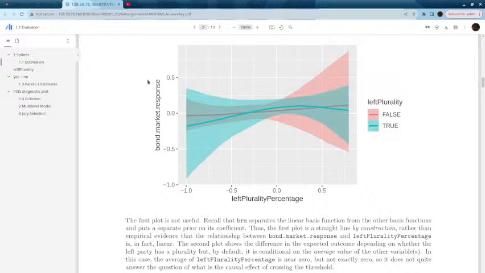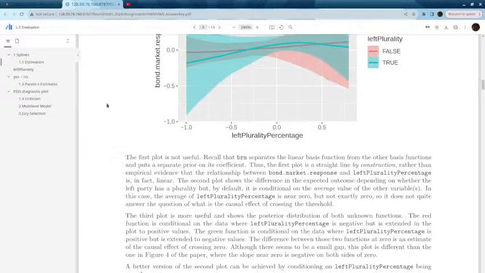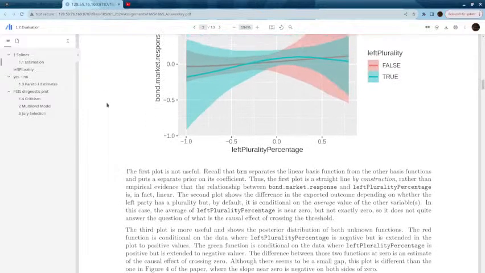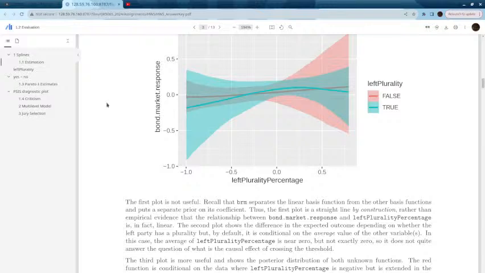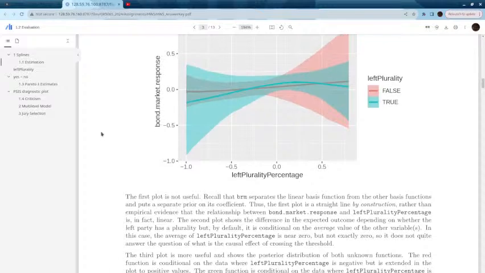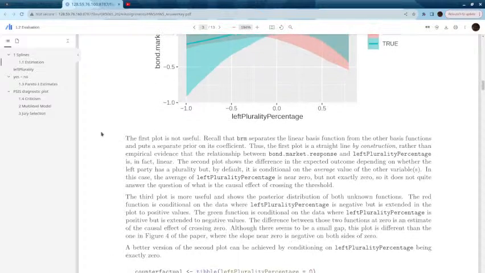So the difference between the blue and the red function is relevant, although in order to actually compute the numbers of it and stuff, you need to either plot or just summarize the difference between these two functions at 0 rather than the levels of the function. But it does appear as if the blue function is slightly larger than the red function.